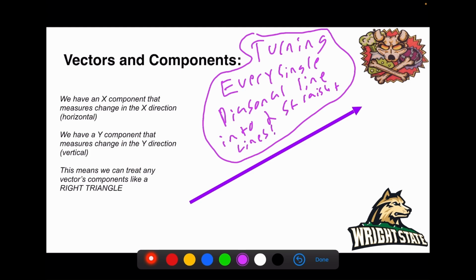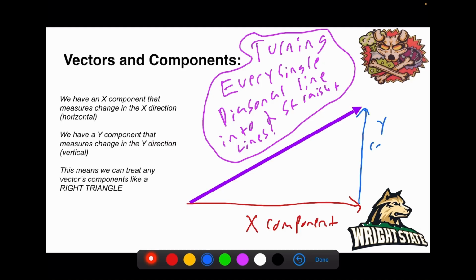So whenever we have a vector that is moving diagonally, we're going to be able to give it, I need to get better at drawing straight lines, an x component and a y component. And this will make a right triangle.